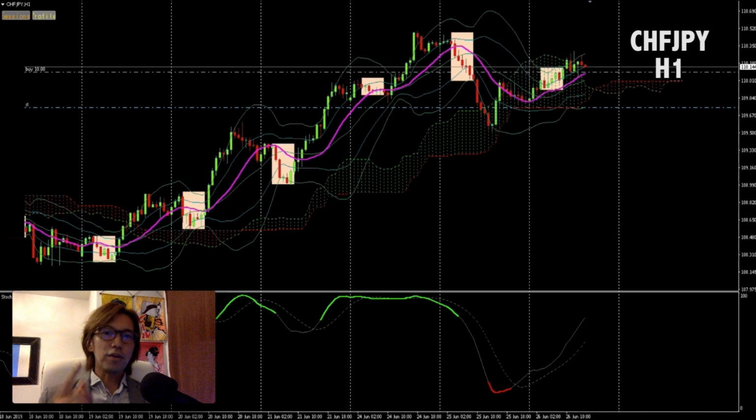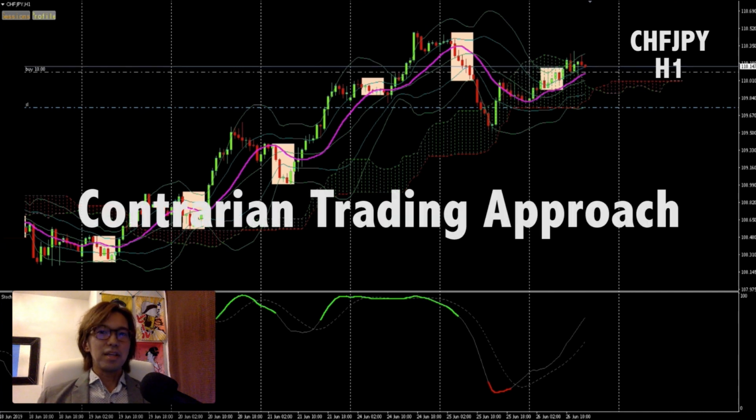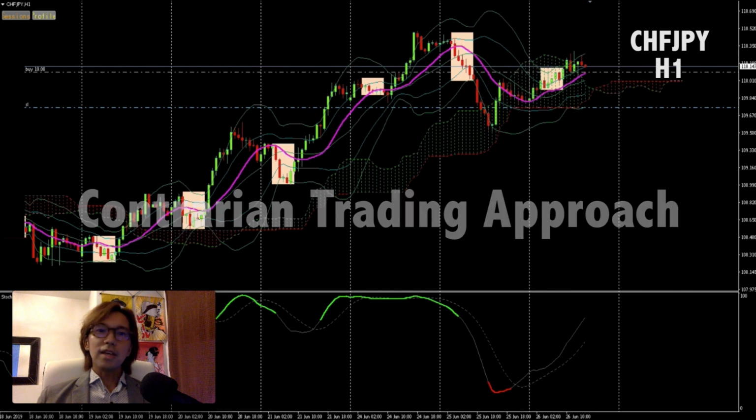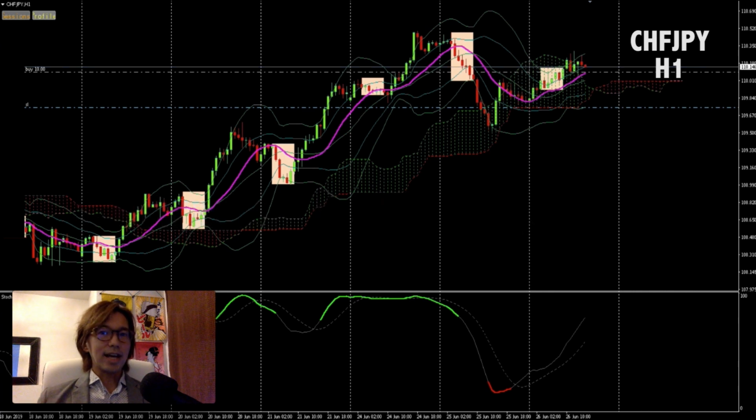And here's why it works, and it relates to the tendency of the traders in Japan. I'm a Japanese trader, so I know this well, but most of the traders in Japan use a contrarian trading approach, meaning they sell when it's in a bullish trend and they buy when it's in a bearish trend. I don't say all the traders in Japan are like that, but I know we like to trade like that at times.